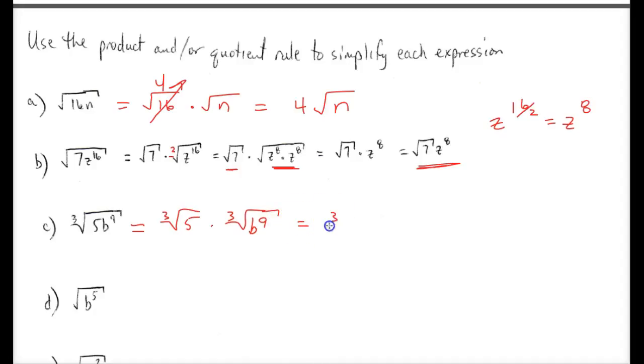And so here, doing it like this, of course I could rewrite b raised to the 9 as b cubed, all that raised to the 3, or I could just simply say b raised to the 9 divided by 3, and just say that this answer is cube root of 5 times b raised to the 3. And of course, cube root of 5 is an irrational number. Can't break that down anymore, so we just leave it as is.